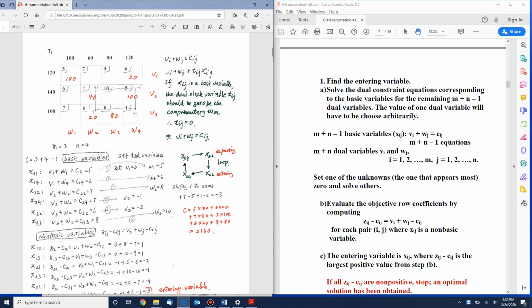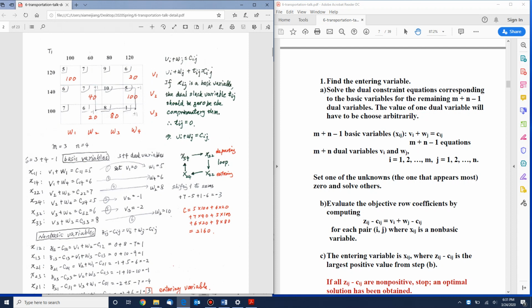Okay, and once we have the values for the dual variables, we look at those non-basic variables. For those non-basic variables, we evaluate zij minus cij, which equals Vi plus Wj minus Cij. Because we already found all the values of the dual variables, we can simply calculate those values, right?